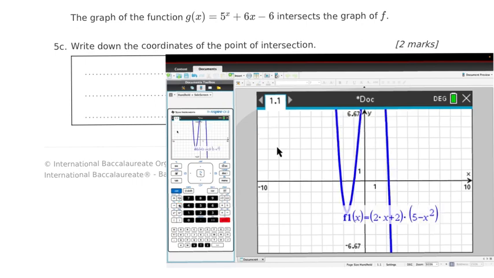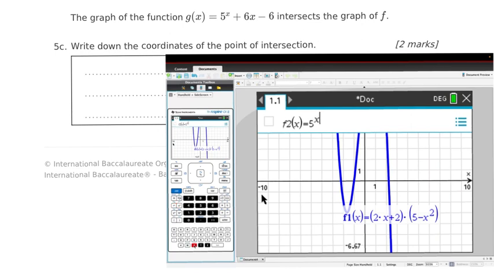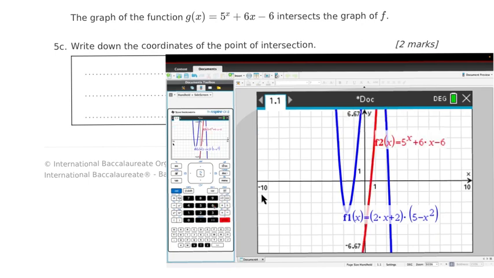Press enter. So there's our graph. Now press tab, type in our second one, which is 5 to the power of x plus 6x minus 6. Press enter.